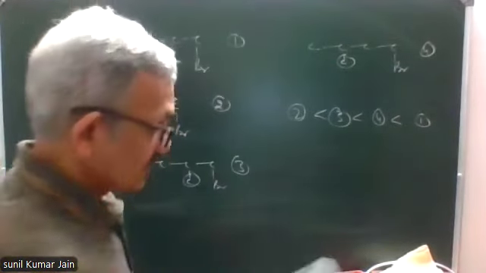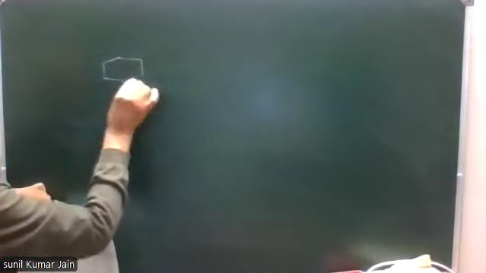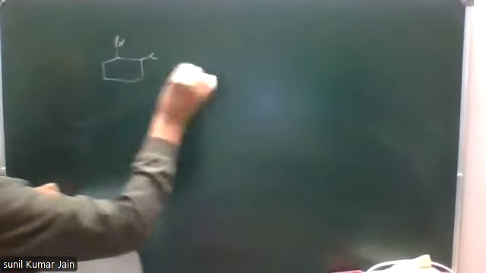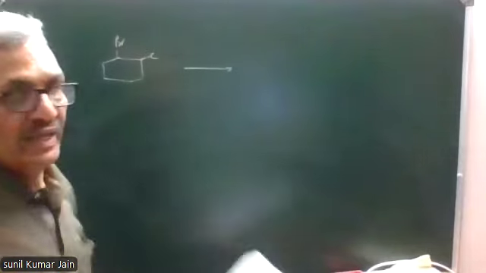Next, one more question. Predict all the alkenes that will be obtained by dehydrohalogenation of following halides and identify the major product. 1-bromo-2-methyl cyclohexane. Now, how many different alkenes are possible?